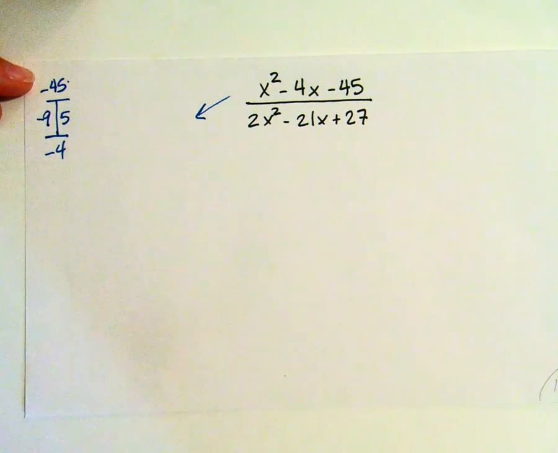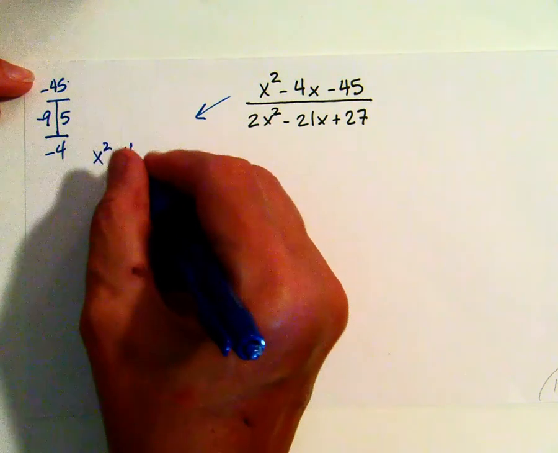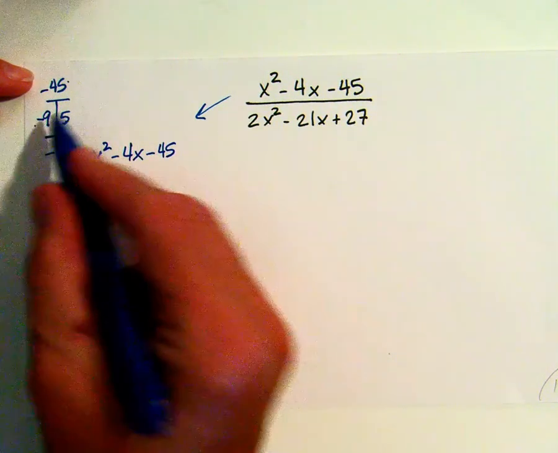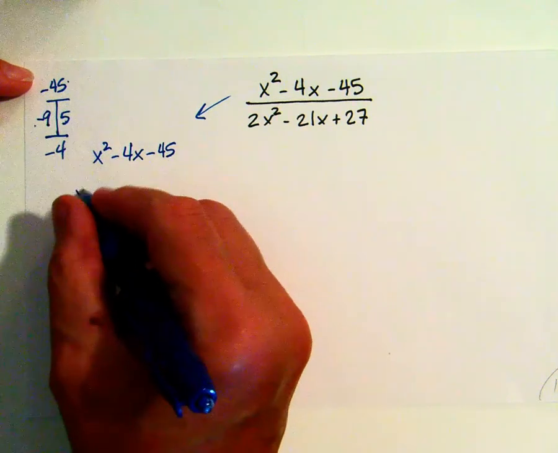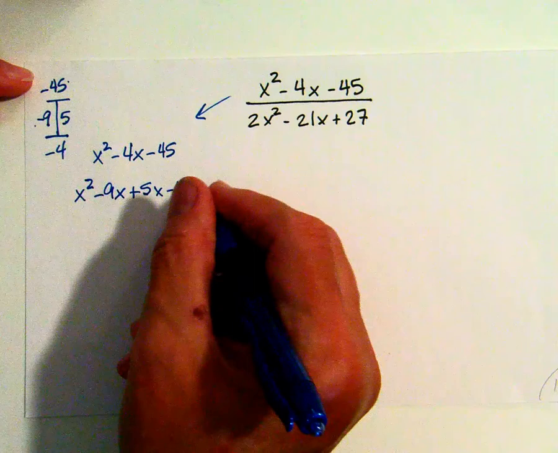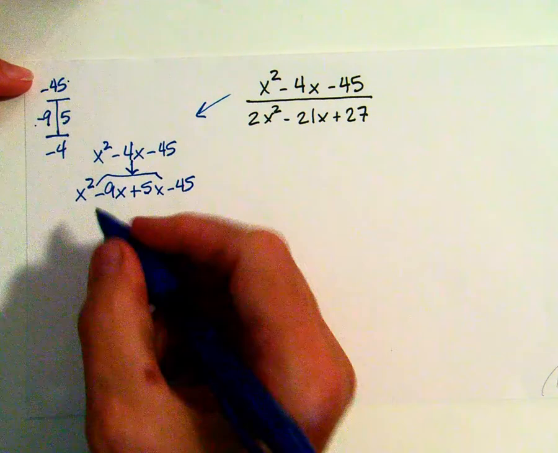So go ahead and work on factoring this out. I'll copy my original here, x squared minus 4x minus 45. Then the middle term is going to be composed of my 2 from here. So it'll be x squared minus 9x plus 5x minus 45. Remembering that this came from here. Then we'll factor by grouping.